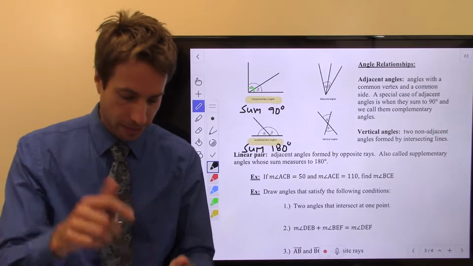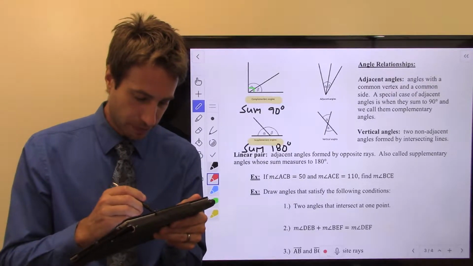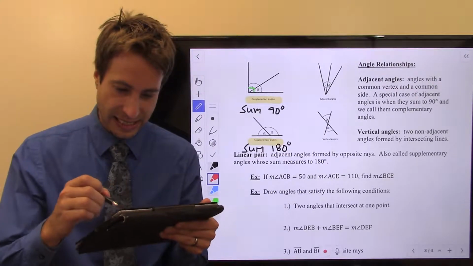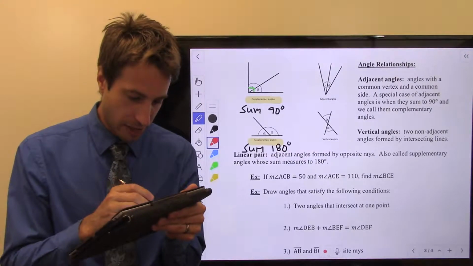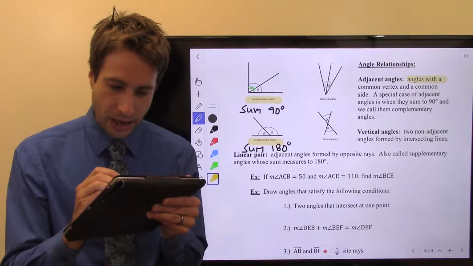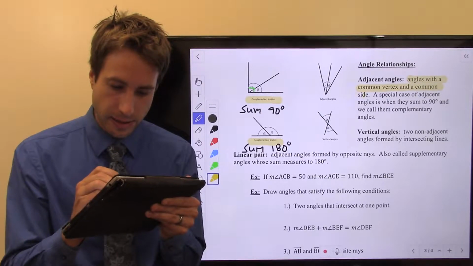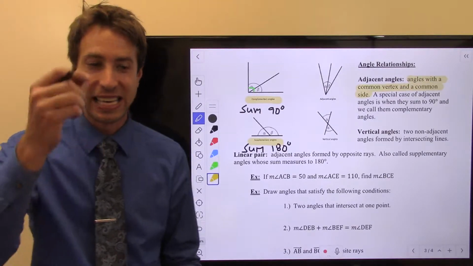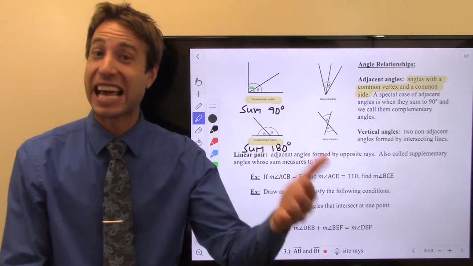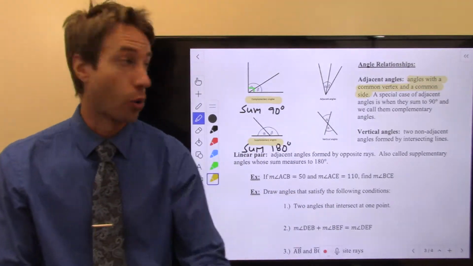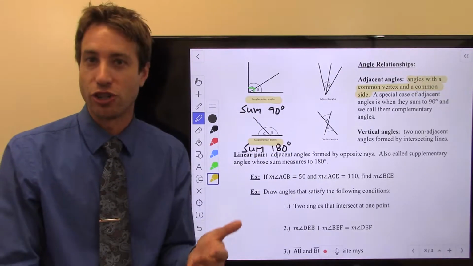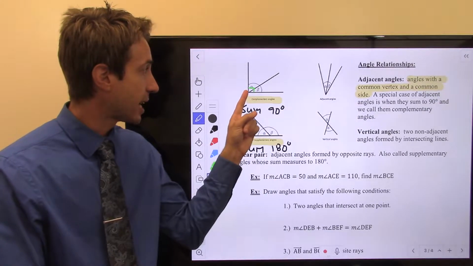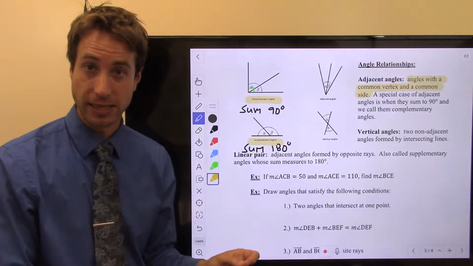Adjacent angles are angles with a common vertex and a common ray, all right? It's an adjacent angle if they share a vertex and have a common side or a common ray. And both complementary and supplementary angles are adjacent angles, right? They share the common vertex and they share a common side, all right?